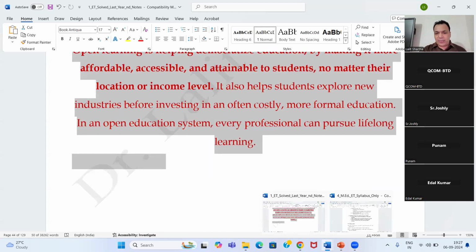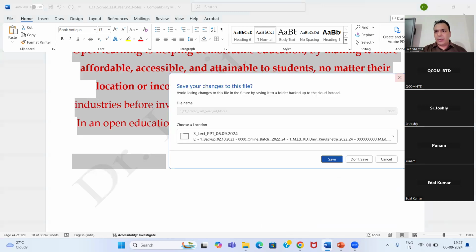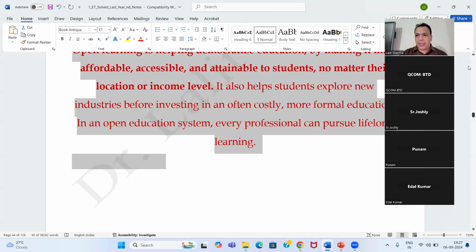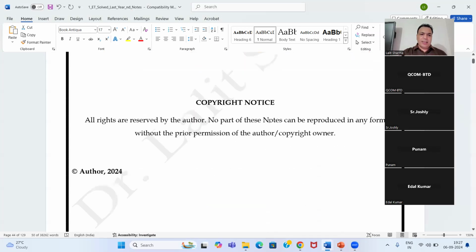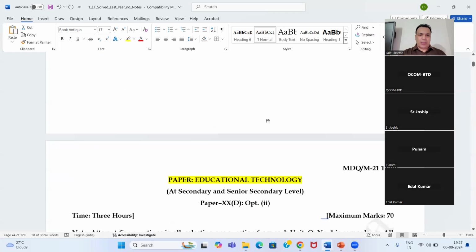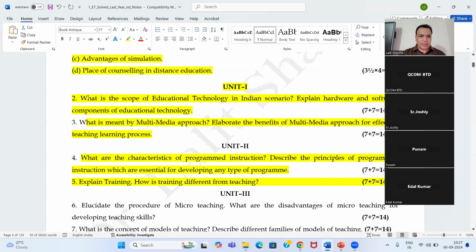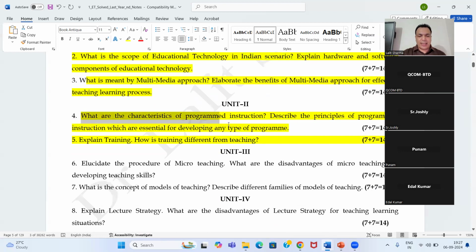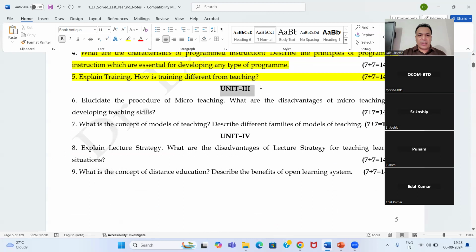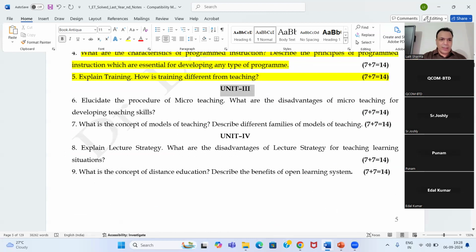So guys, thank you so much for the class. We have discussed all the 9 questions that came in the last year paper and the important questions. So you can see the last year paper. Unit 1, second question, scope of education technology, multimedia approach. Then characteristics of programmed instruction. Unit 2, explain training, which is simple. Under unit 3, we have discussed the procedure of micro teaching.